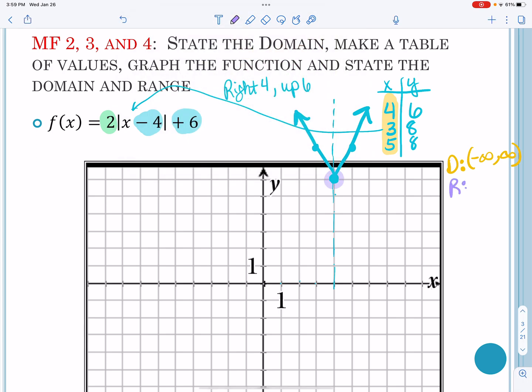Okay, and the range is at a point that is over 4 up 6. So I'm looking at the bottom y, so it's going from 6 to infinity. So you are going up. Okay, I'm writing those in set notation. So I sketched it. I plugged some numbers in. I got a graph of it. All right.